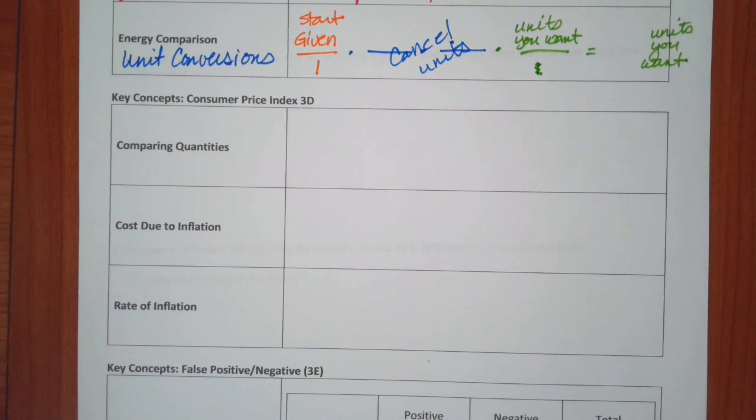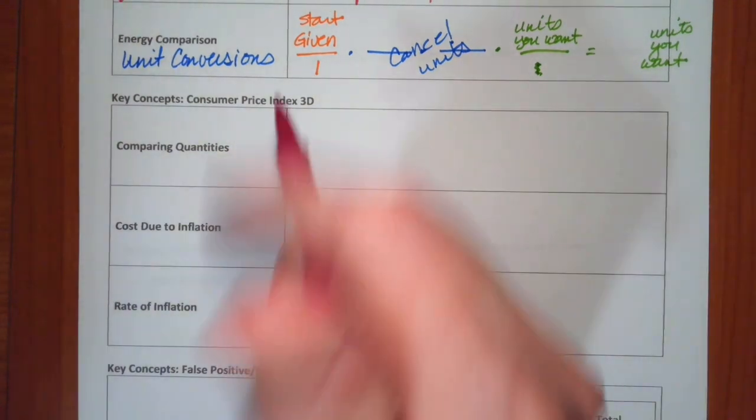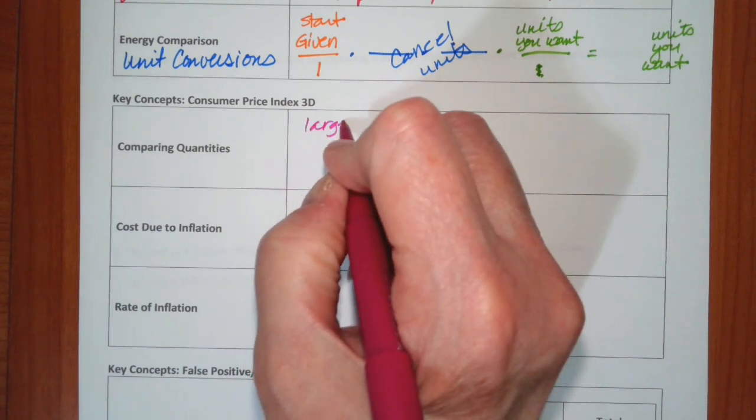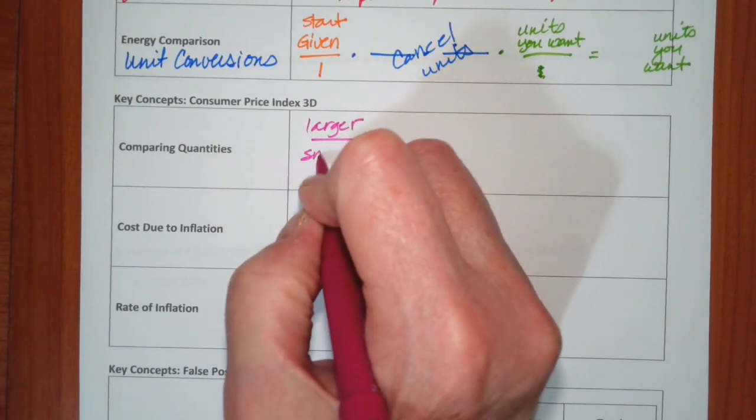Okay. So if you are comparing quantities or comparing CPIs, you are just going to take the larger divided by the smaller.